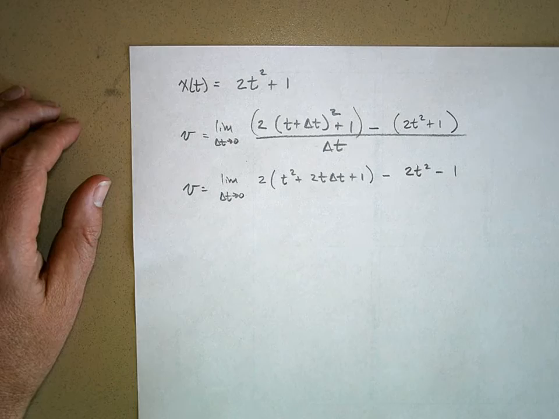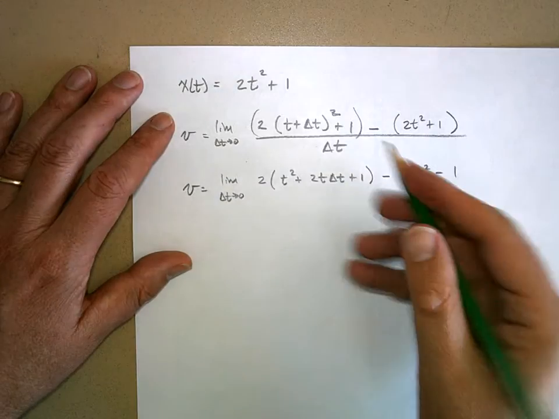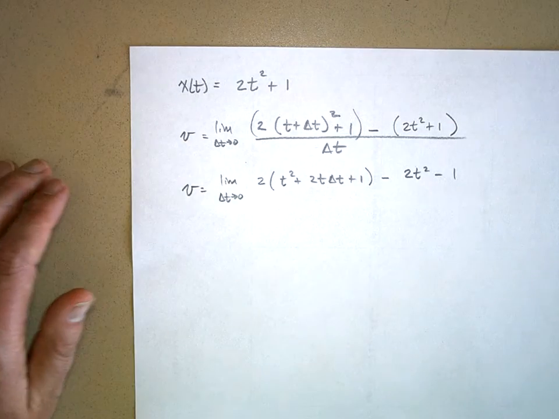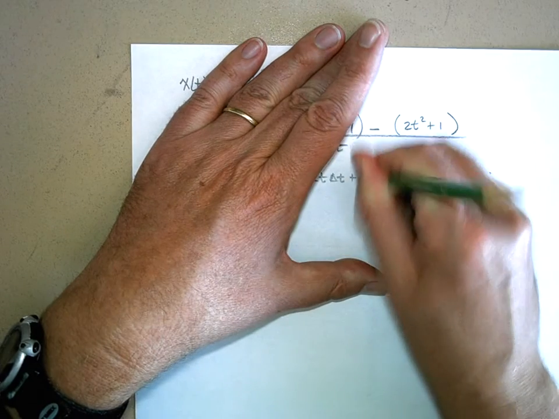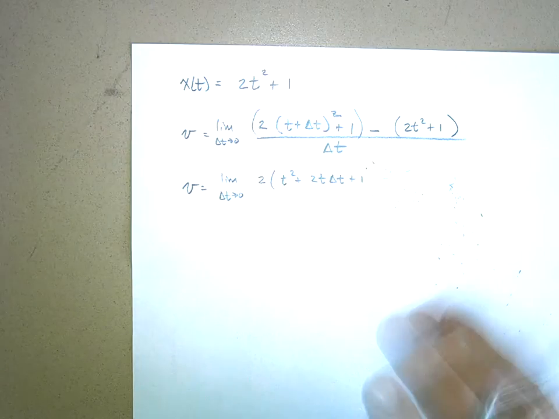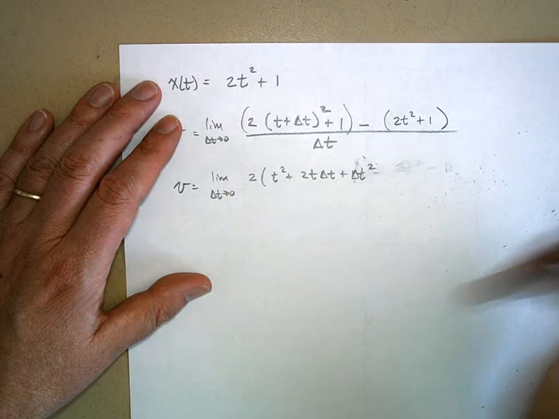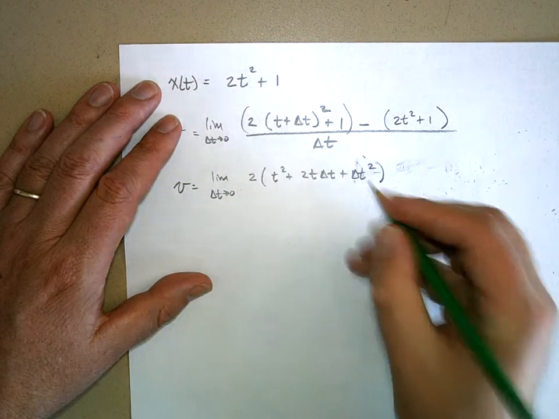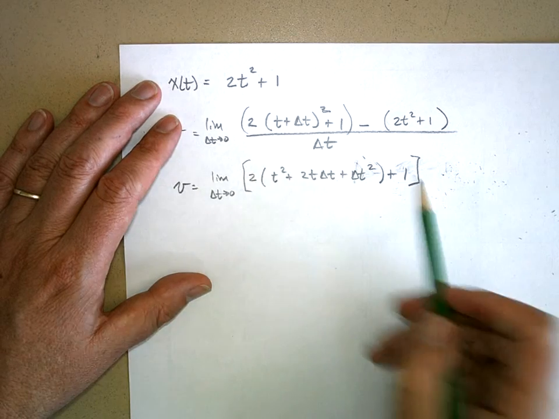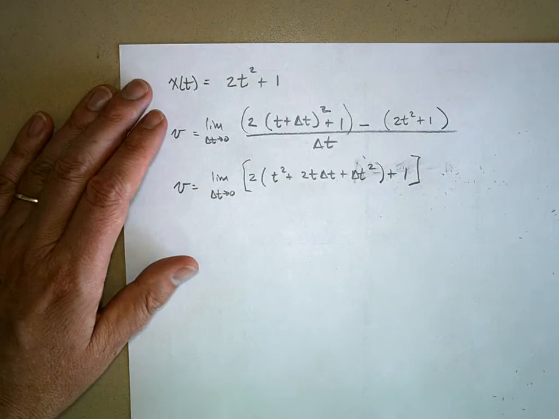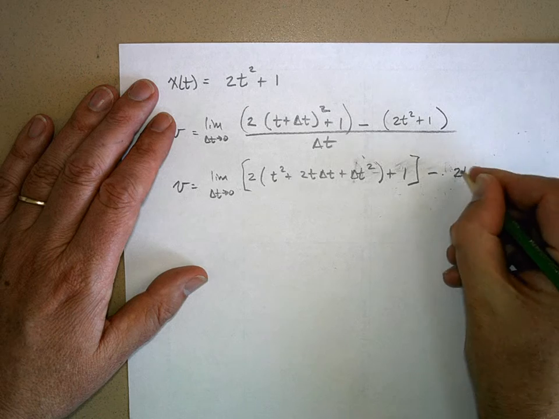Oh, plus delta t squared. Thank you very much. That's important. Plus 1. And this is this thing expanded out. Minus 2t squared minus 1. You got to remember to distribute that negative in there.